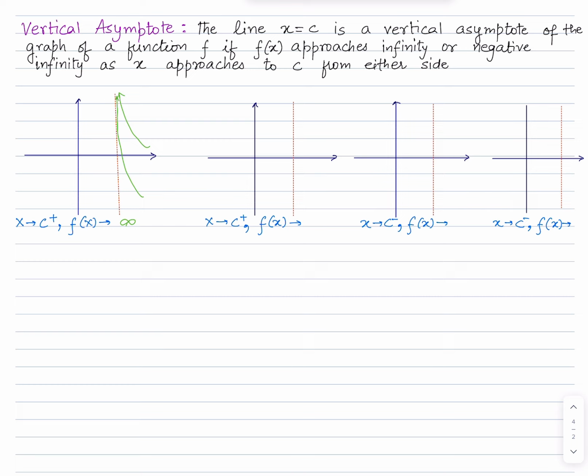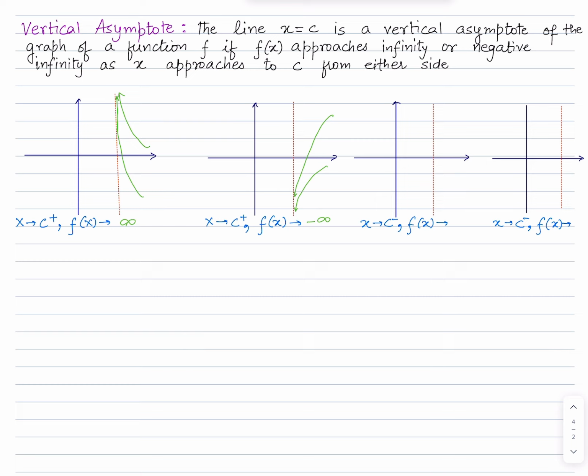If x is going to c from right hand side and our f(x) is going to negative infinity, this way or this way, we will say x equals c is a vertical asymptote.